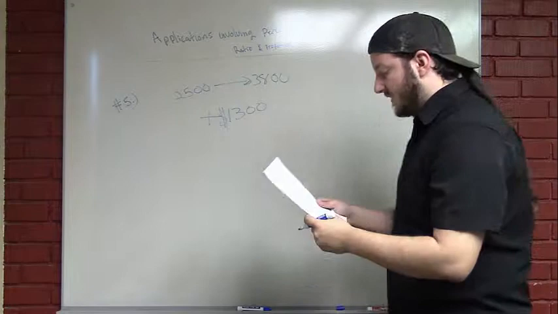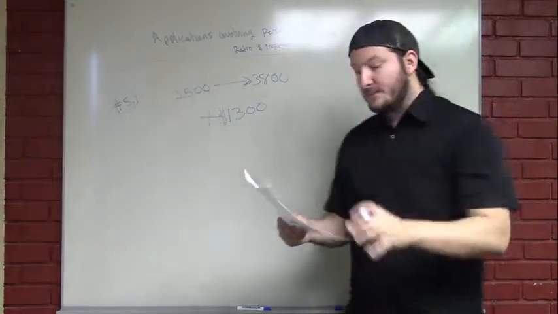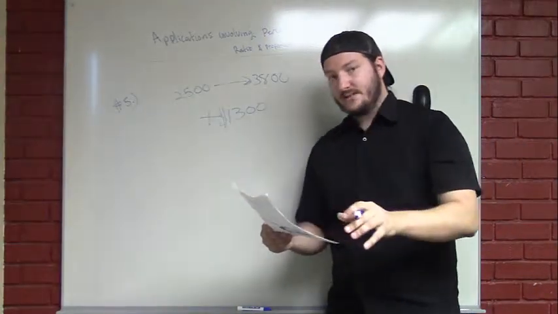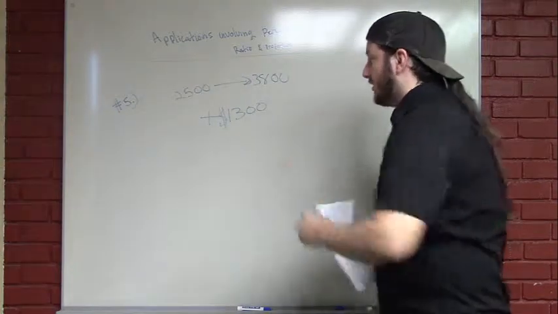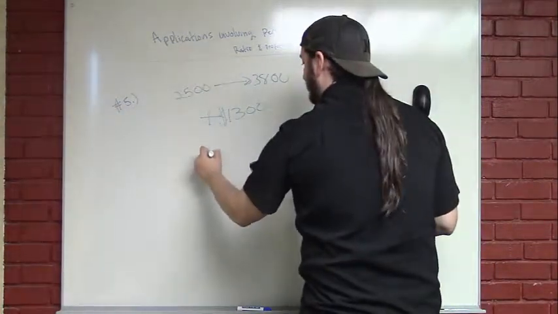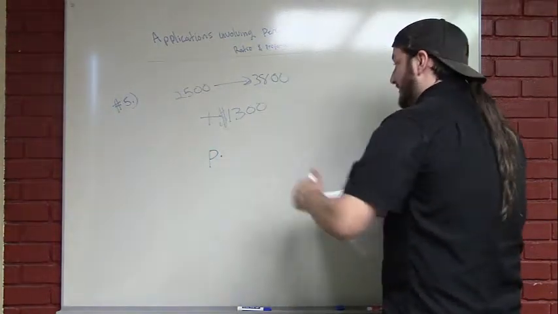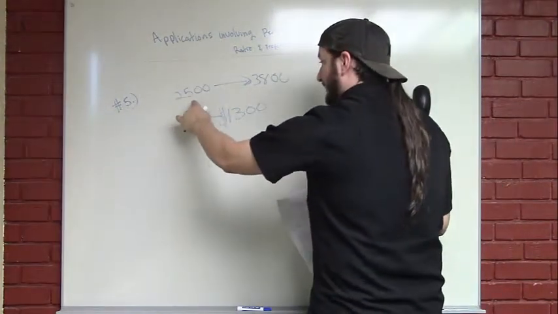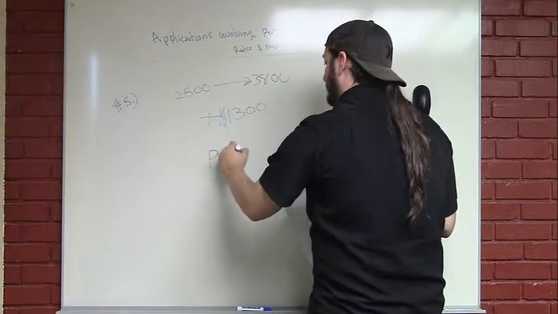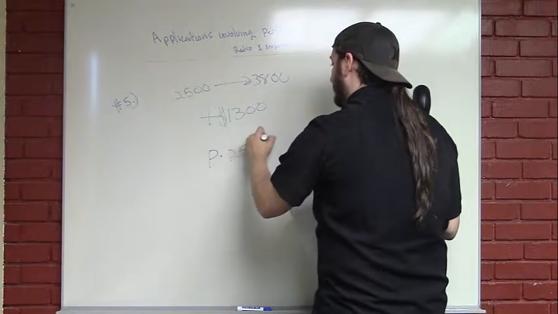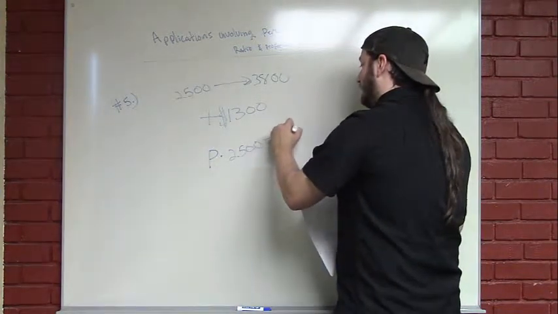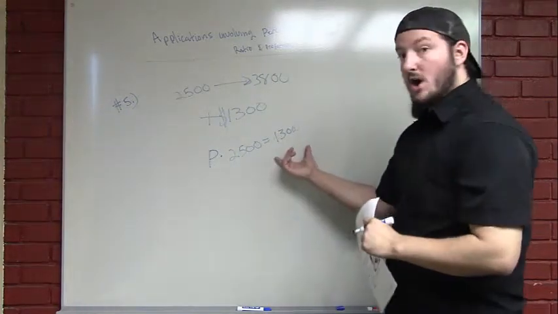So then, because it says find the percent increase in the value, you're going to say, what percent, we're going to call it P, of the original value that you bought it at, 2,500, is going to equal the 1,300.